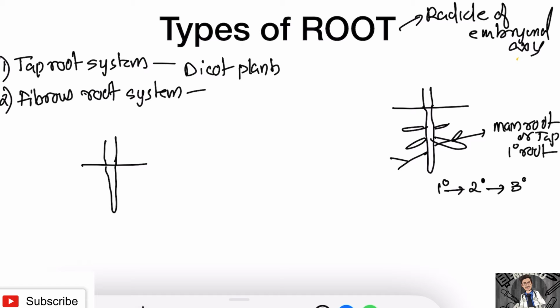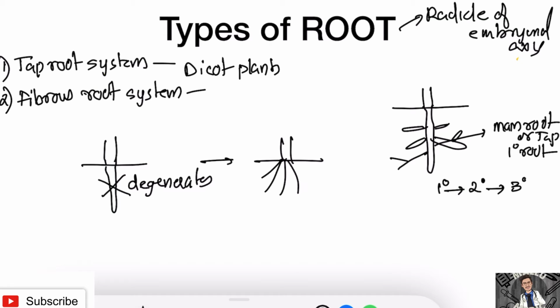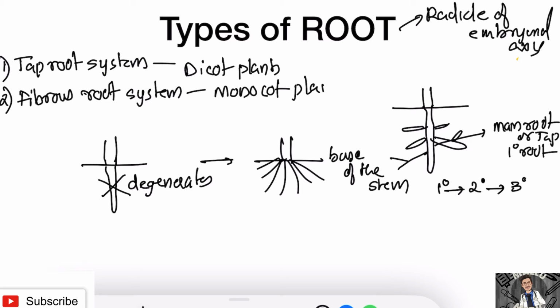But what happens is that this primary root degenerates and it is replaced by several multiple roots arising from the base of the stem. Alright, so this forms the fibrous root system, and almost all the monocot plants have fibrous root system.